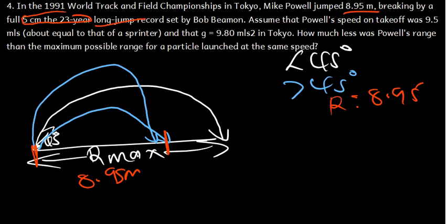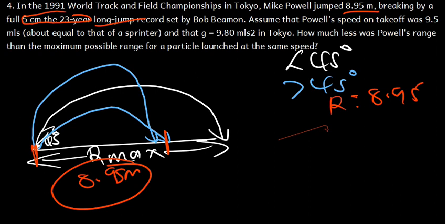They want us to find how much less it was than the maximum range. So we need to find the maximum range, then subtract the range which this person jumped, and that is going to be how much less it was than the maximum range.